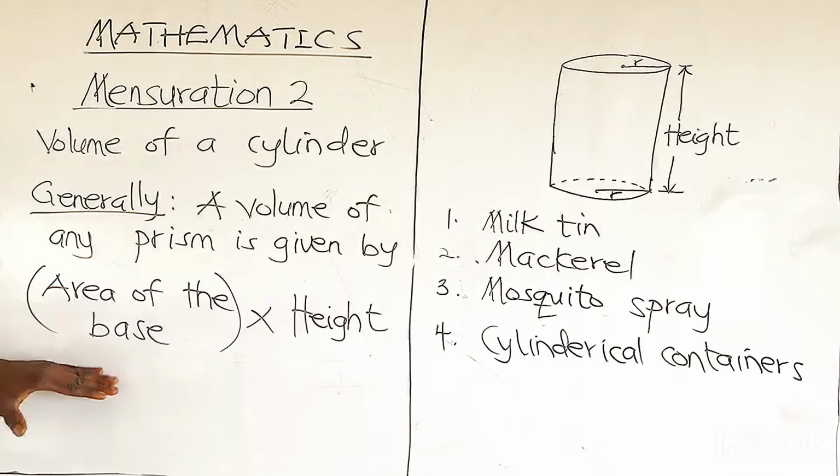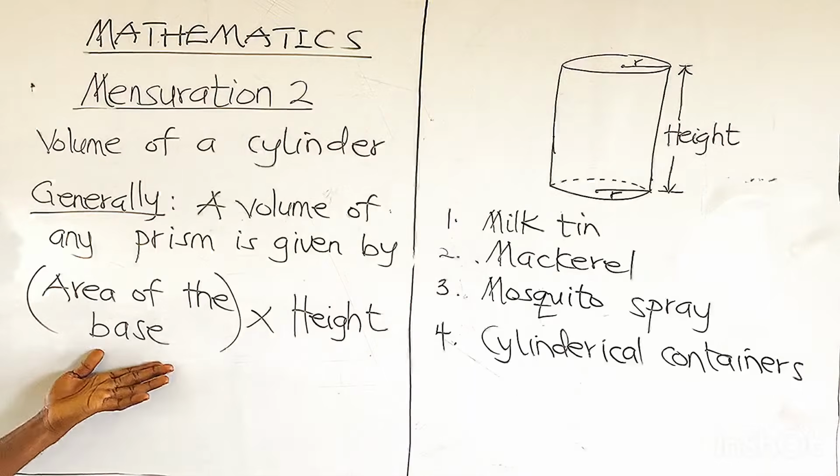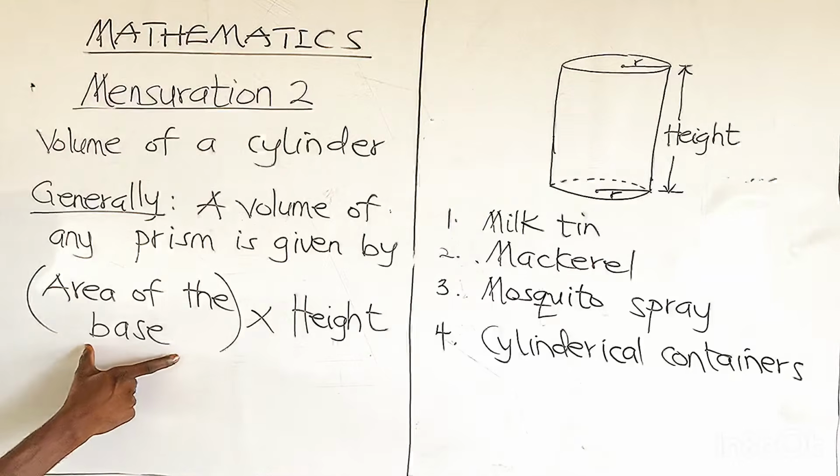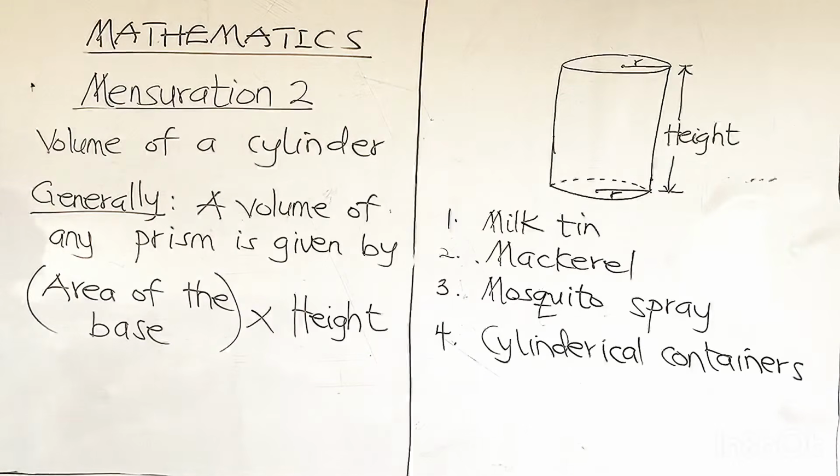This is the general formula for the volume of a prism. You just find the area of the base and multiply by the height. Because we are dealing with a cylinder here, the base is a circle, and we know that the area of a circle is pi r squared.